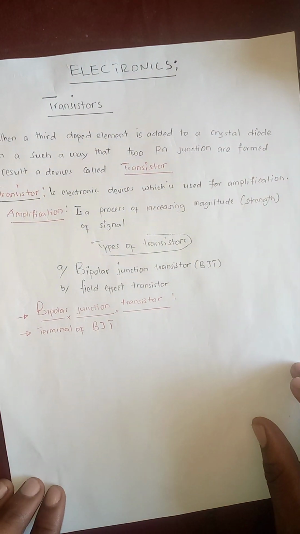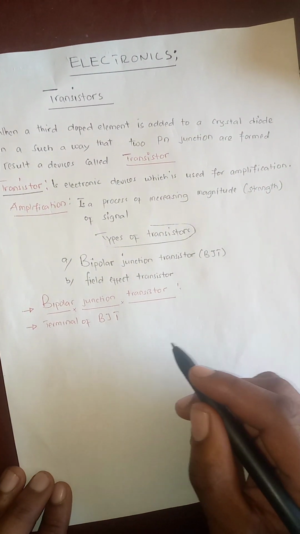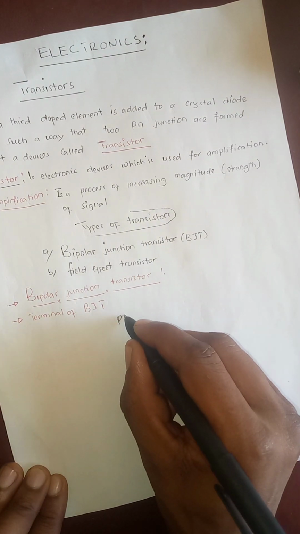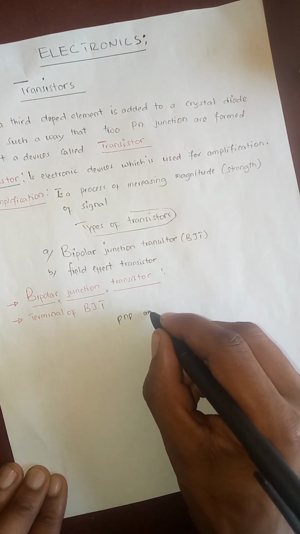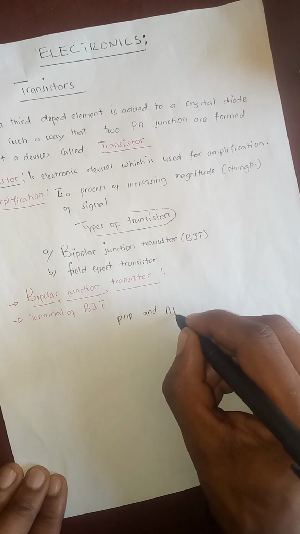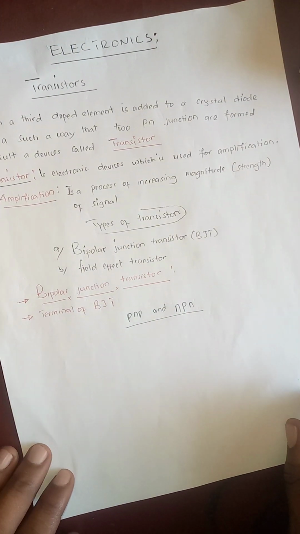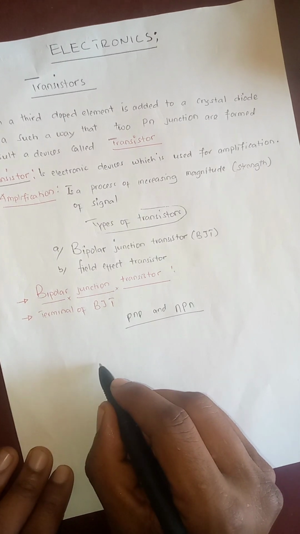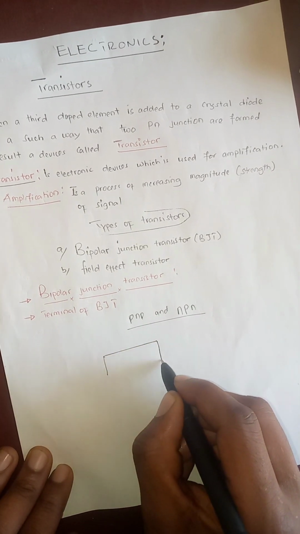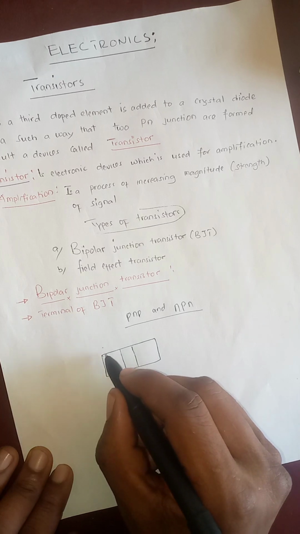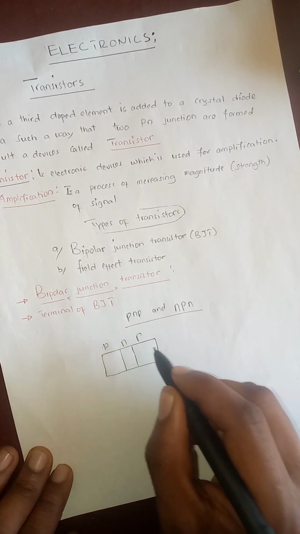Now we have two types of bipolar junction transistor: PNP and NPN. These are the bipolar transistor junctions, and we can draw them. For example, this is PNP.